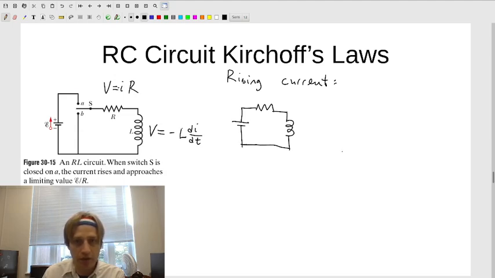And that's the whole circuit. The Kirchhoff loop rule for this would be: we sum all the way around and get 0. Let's go around this way. 0 equals the voltage of the battery minus the voltage across the resistor minus the voltage induced by the inductor.